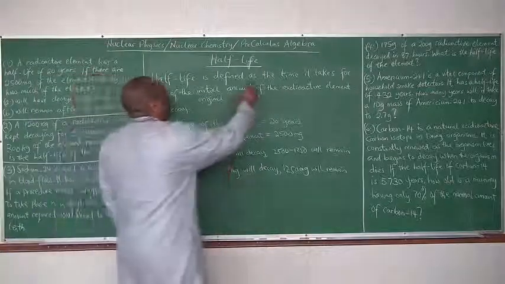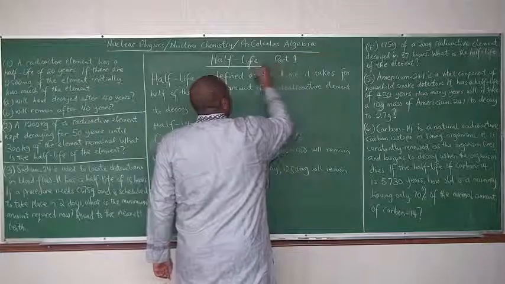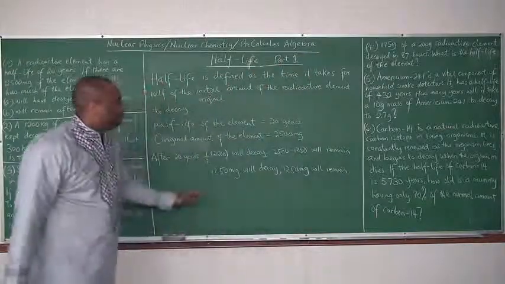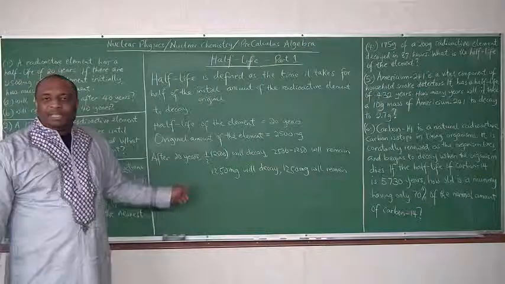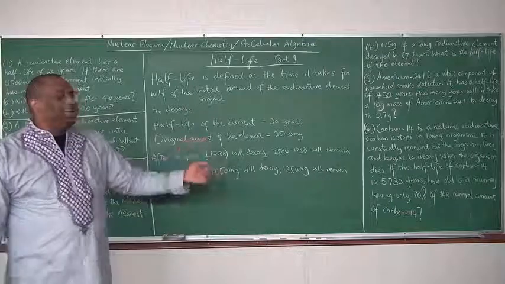Let me call this half-life, part 1. We can still have part 2 to solve more problems on this. So after 20 years, 1250 milligram will decay, 1250 milligram will remain.